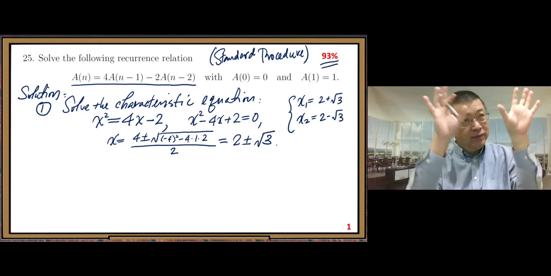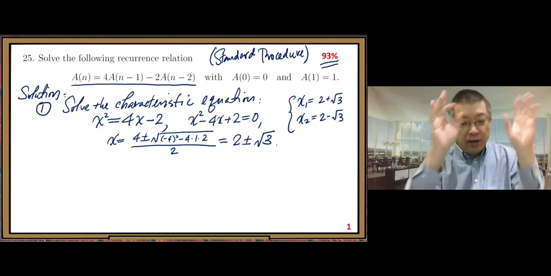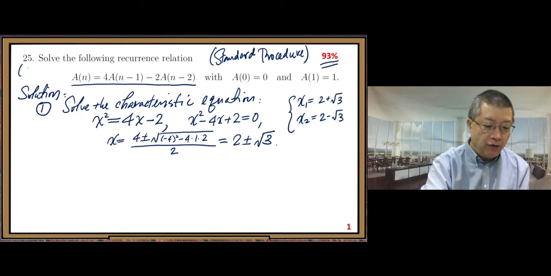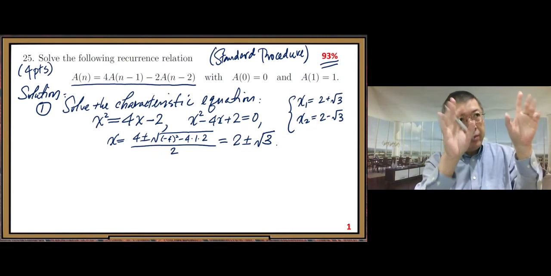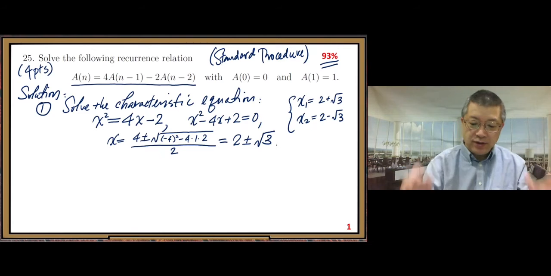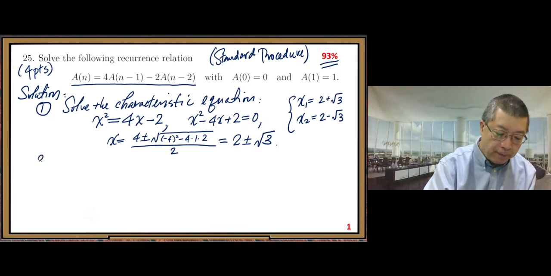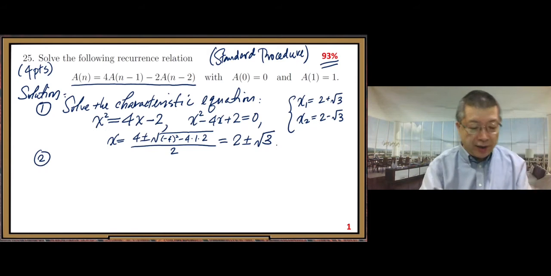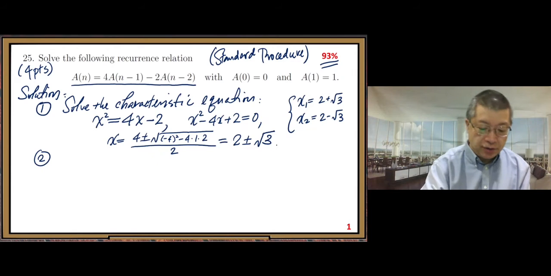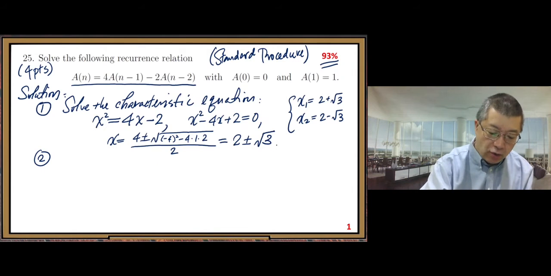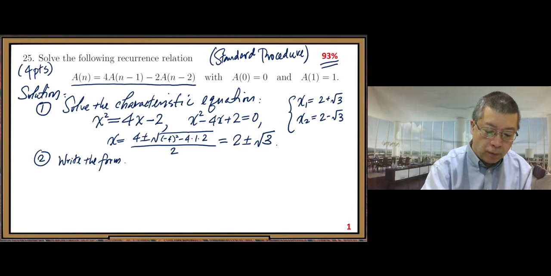This problem is worth a total of 4 points, because you need to do 4 steps, and each step is worth 1 point. Step 2: write the form of the general solution.